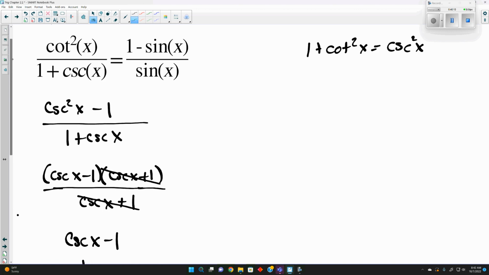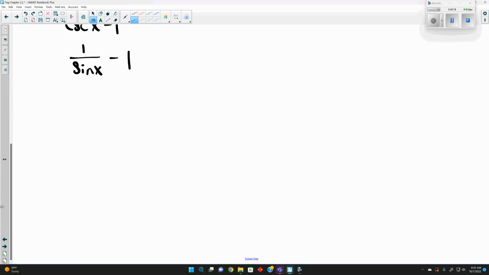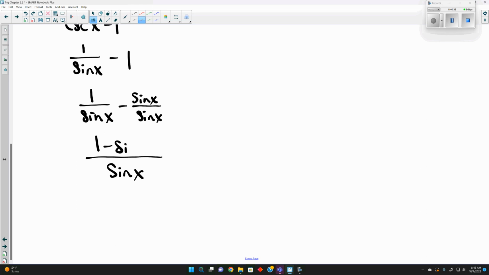But looking back at the top one, the sign is negative, isn't it? So we'll see. If I want to actually combine these two, I need the denominators to be the same, yes? So for 1, it's going to be sine of x over sine of x. Okay, we got where we wanted to be.